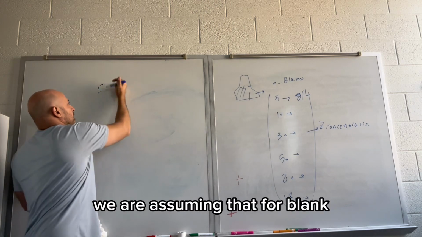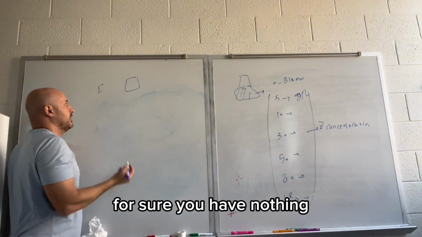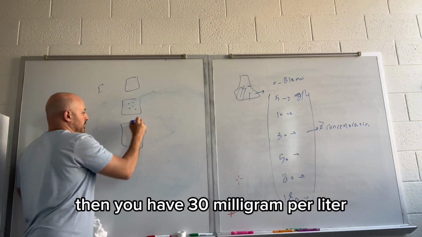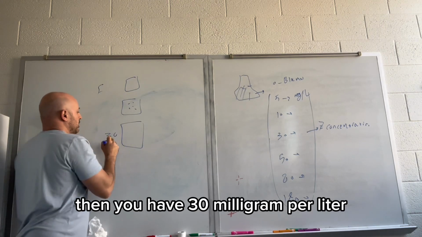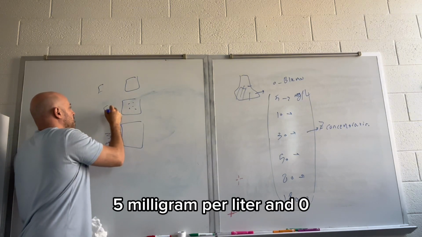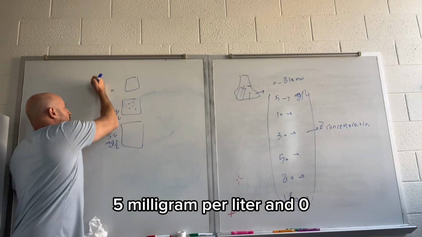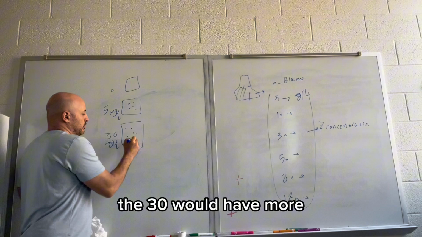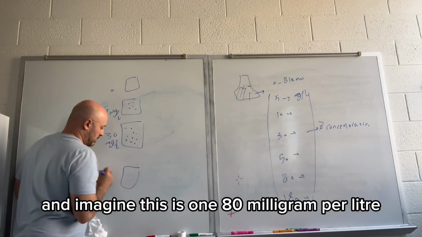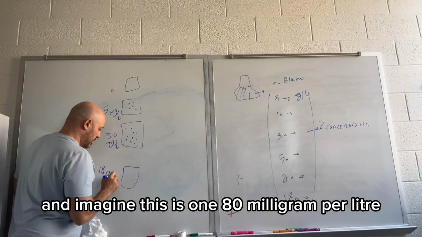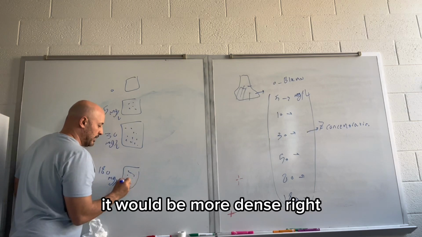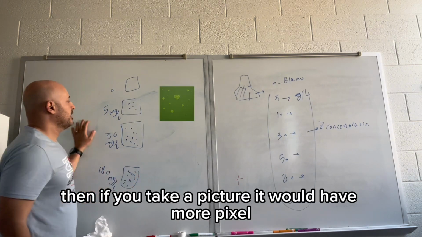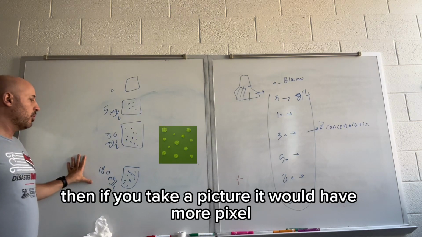We are assuming that for the blank you have nothing, then for 5 you have few cells, then 30 milligram per liter. The 30 would have more, and imagine this is 180 milligram per liter, so it would be more dense, right? The more cells we have, the more pixels the picture would have.